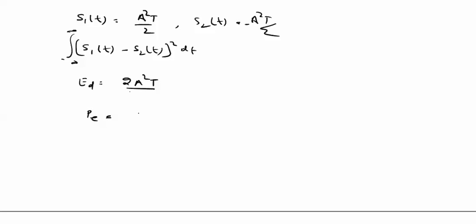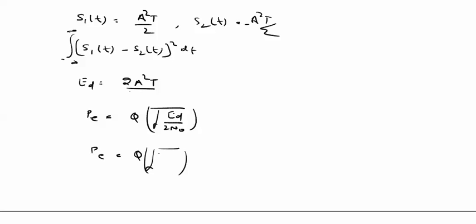Probability of error is Q root of 2a square t upon 2 N naught.